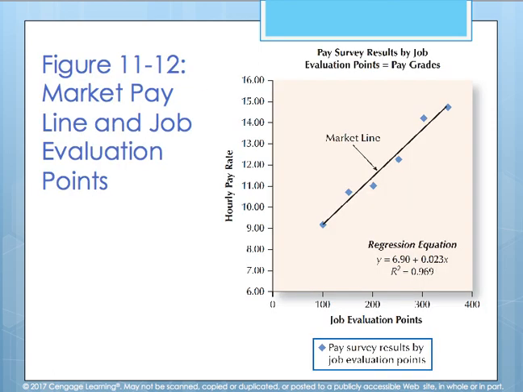And here it shows you that market line. And some of you may have seen this and you had no clue what you were looking at. But the pay survey results by job evaluation points equals the pay grade. So you have your hourly pay rate from $6 an hour up to $16 an hour. And you have your job evaluation points from 0 to 400. And the pay survey results are then by job evaluation points.